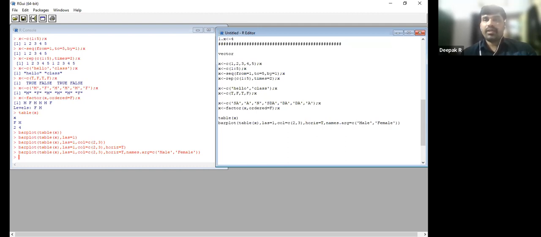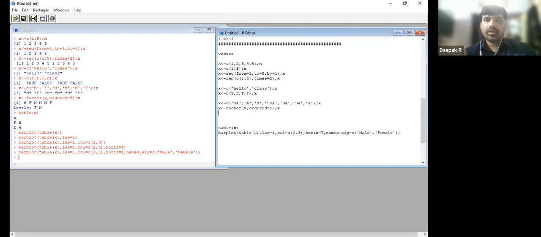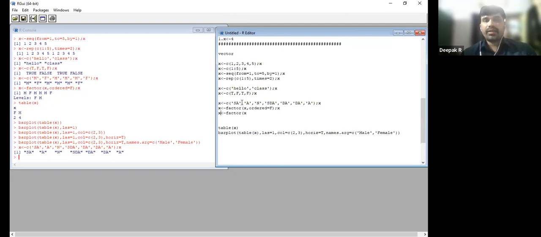Now, if I want to consider that there is some order, or this is nothing but ordinal data, what can we designate this as? We can designate this as a factor, and this factor is ordered. So I'll say ordered equals true. And then I will be able to designate that this is the ordinal data.